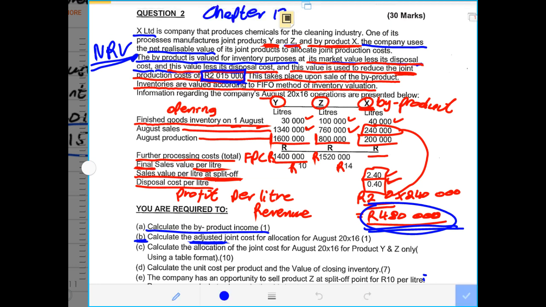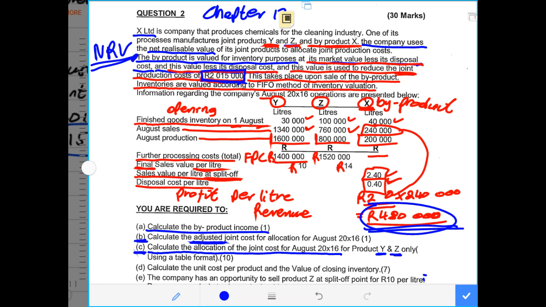Then we go to the third requirement, which is requirement number C. Requirement C requires us to calculate the allocation of joint cost for August 2016 for product Y and product Z only. Why are they saying Y and Z?